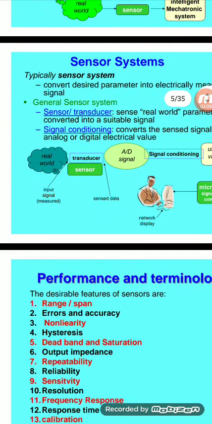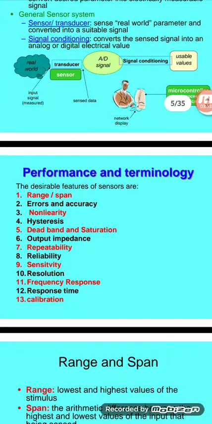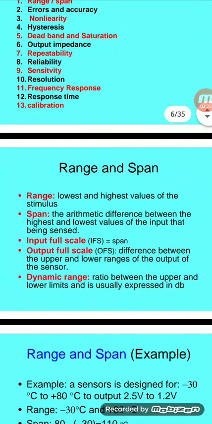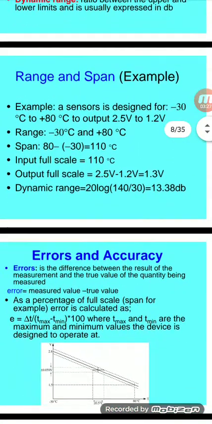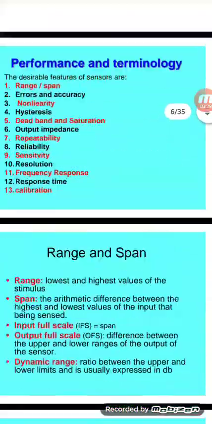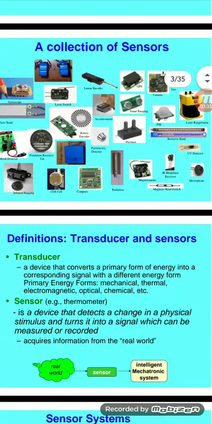Next, the performance terminologies were already discussed yesterday: range and non-linearity, bandwidth, responsivity, sensitivity, frequency range, each and everything. But we need practical knowledge of each and every sensor. After the lockdown we continued the classes.